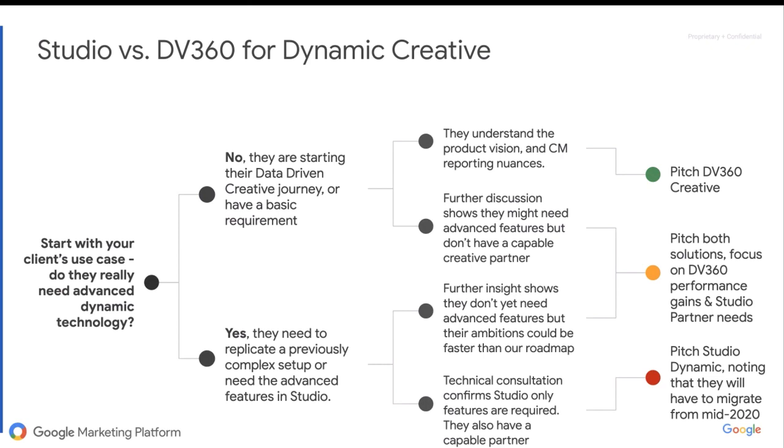Within that as well, let's say that they understand the product vision and they understand that certain elements of this aren't reportable through Campaign Manager. DV360 is the right way to go for them, because this is very simple to build. It's easy to measure through DV360 reporting. As Alex had mentioned at the beginning of this presentation, we have been building variant level reporting in DV360 as well. So it's a very useful feature for clients just getting started on dynamic creatives.